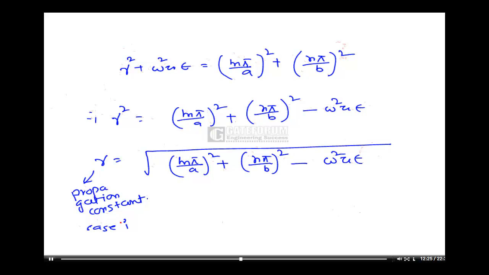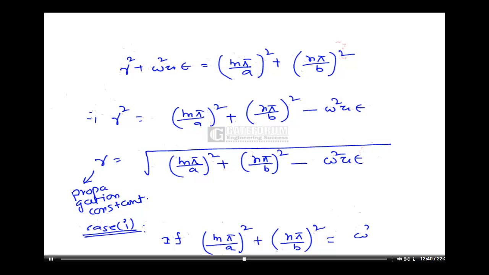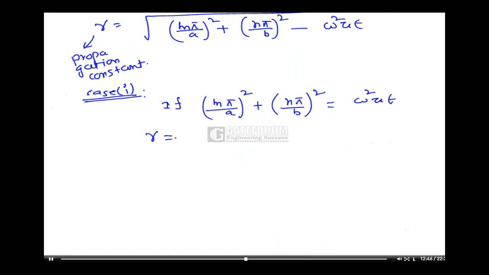Gamma. Now we will consider different cases. Case 1: if (m pi by a) whole square plus (n pi by b) whole square is equal to omega square mu epsilon, what happens? Then gamma is equal to 0.